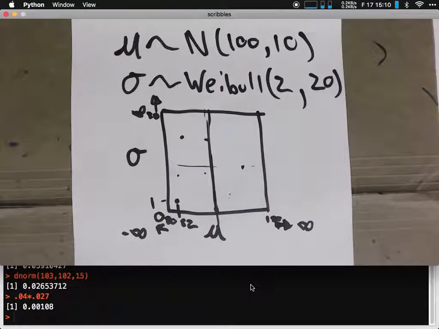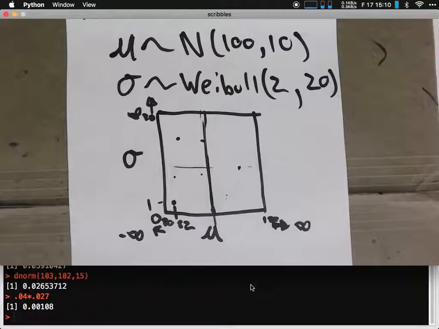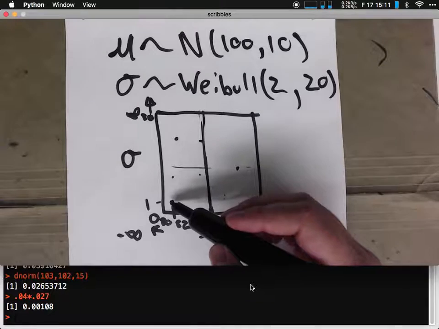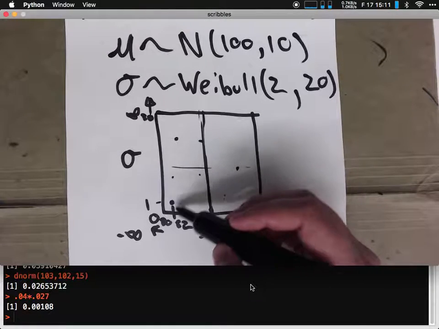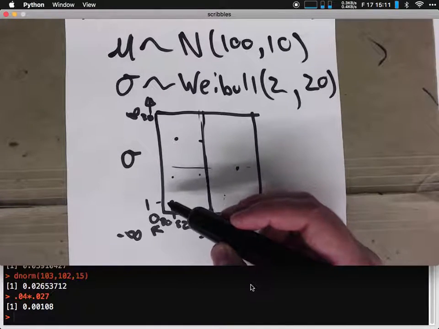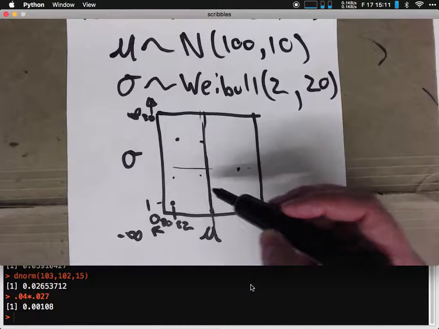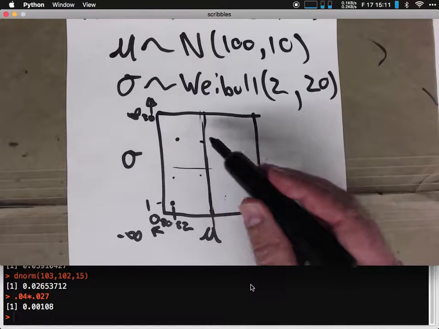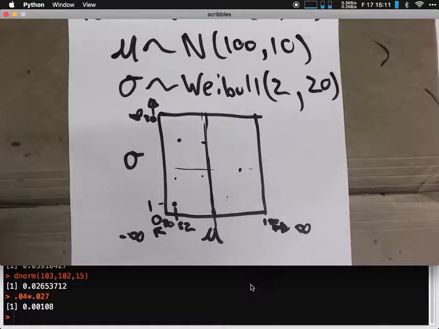I'm not going to tell you anything about that extra strategy, except to say that if you follow a set of rules, you evaluate the posterior at a given point, but then where you choose next as your guess follows a specific set of rules.